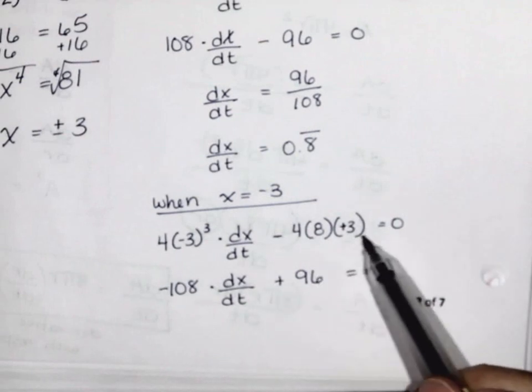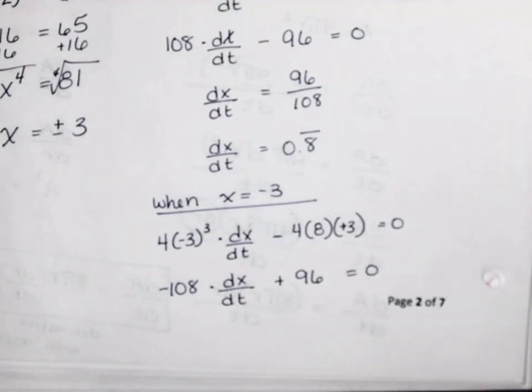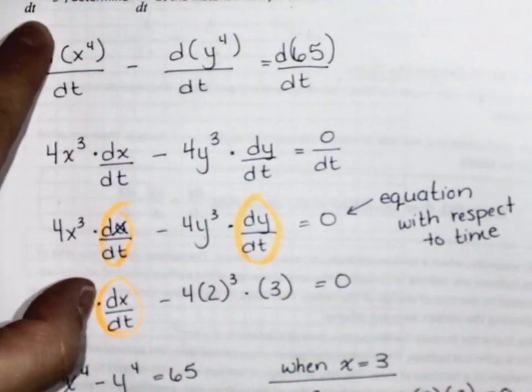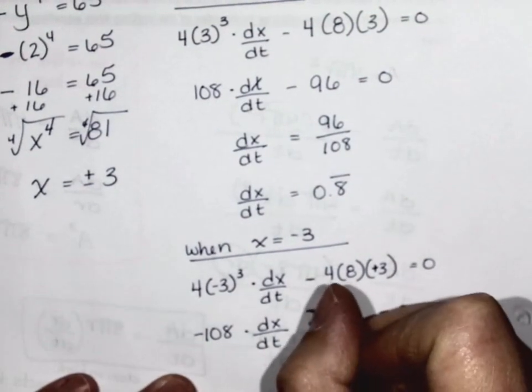No, it should be a positive 3 here, because that 3 belongs to dy over dt. Yeah, I made that mistake. So this should be a negative.